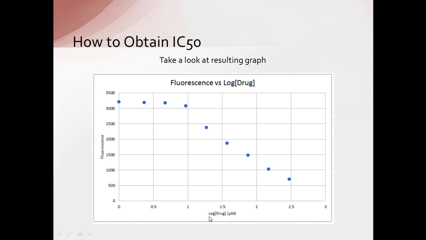So we use the log of the concentration because it spaces the points out nicer. If we didn't use the log, then the points would be grouped up into portions of the graph and it wouldn't look like a nice dose-response curve. So it's important that we always take the log of your drug concentration.